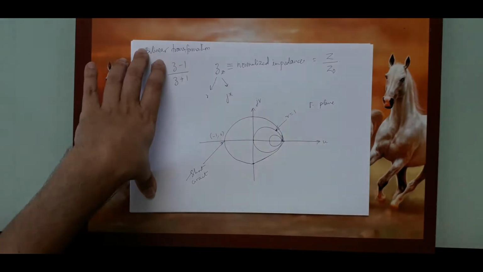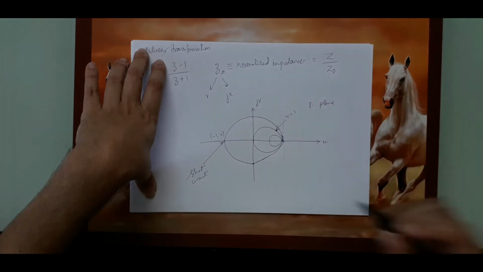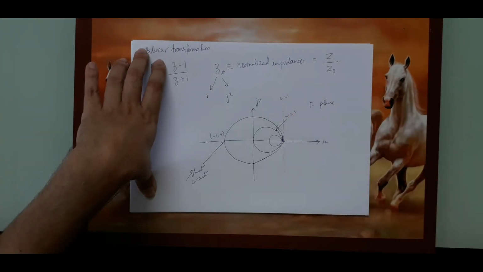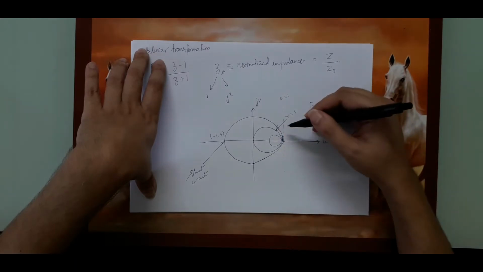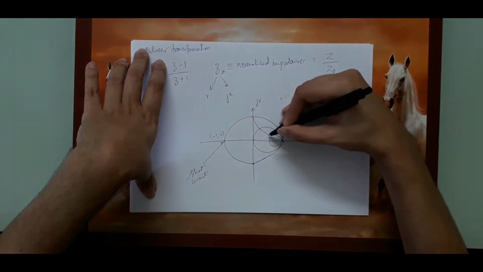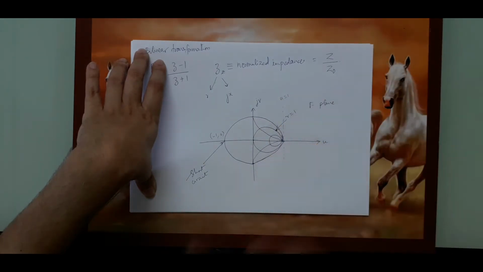Now let's look at the X circles. The X circles all have their centers aligned on the u equals 1 line. So the circles will look something like this. We had only drawn some arcs because a large portion of those circles lie outside the unit circle, so they are not of much interest to us.